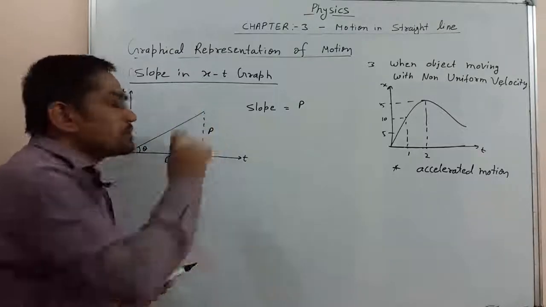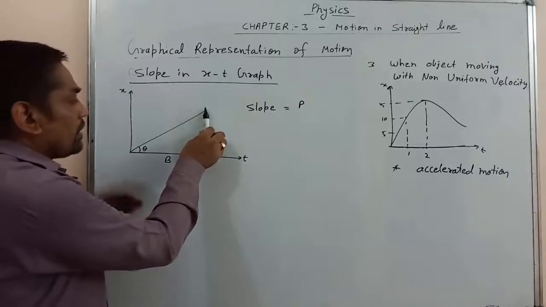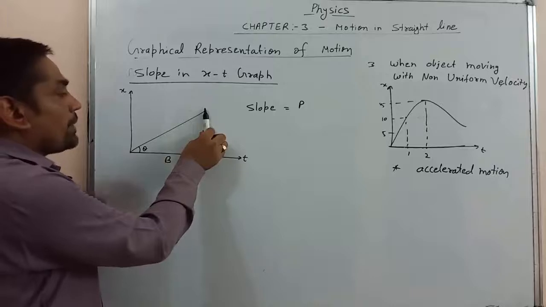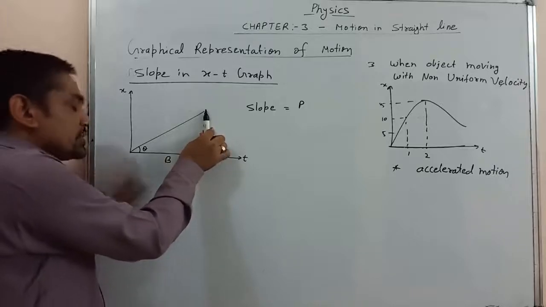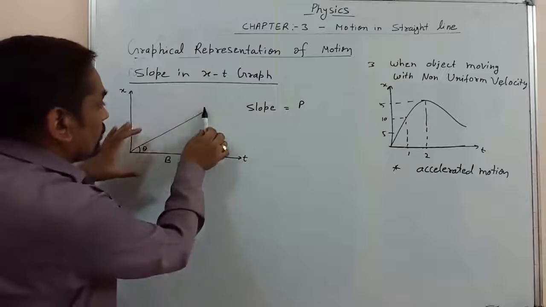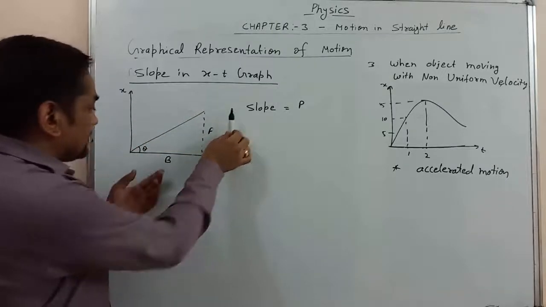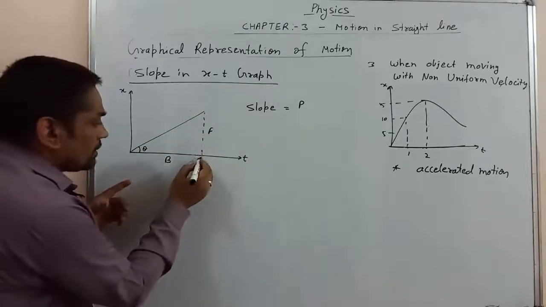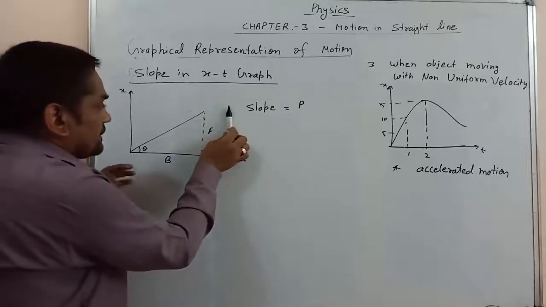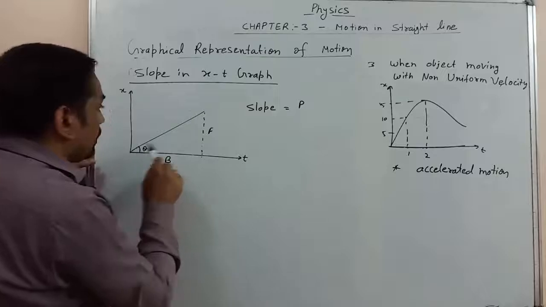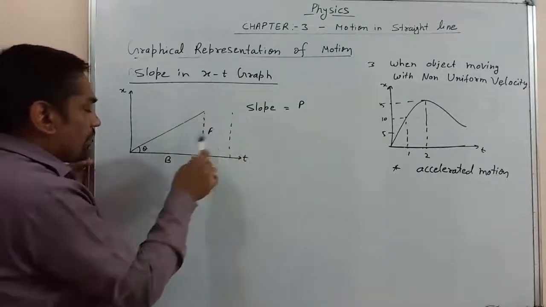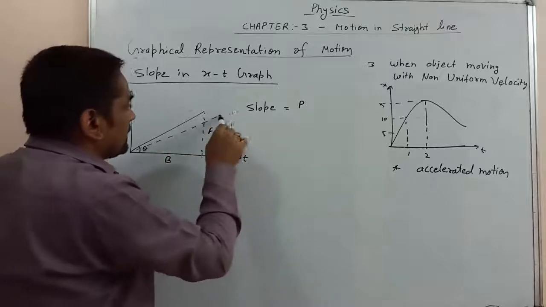Now we fix the perpendicular and change the base. The slope is fixed, but the base increases, from here to here. The perpendicular remains fixed and the base increases.